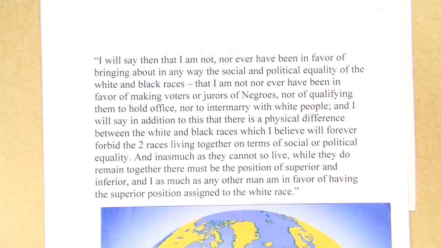And I will say, in addition to this, that there is a physical difference between the white and black races, which I believe will forever forbid the two races living together on terms of social or political equality. And inasmuch as they cannot so live, while they do remain together, there must be the position of superior and inferior, and I, as much as any other man, am in favor of having the superior position assigned to the white race. That's a pretty good definition of racism.